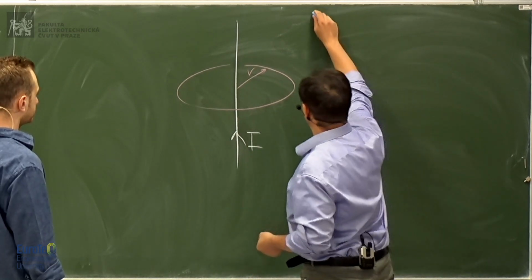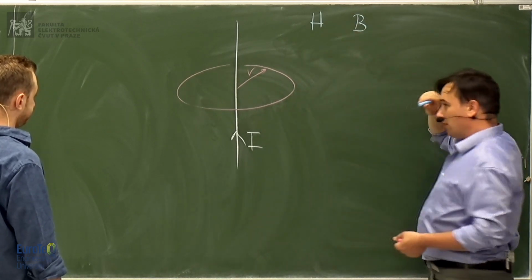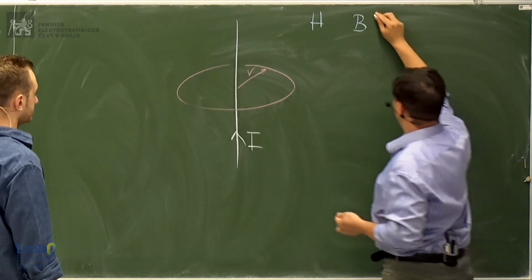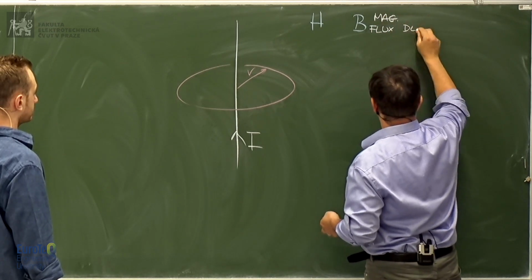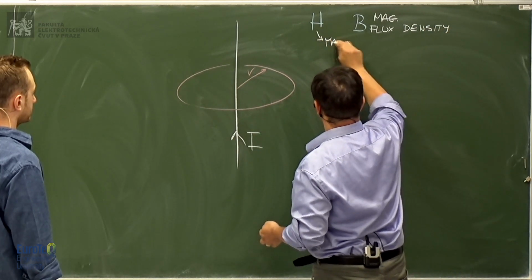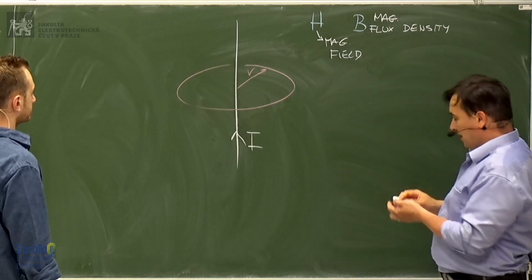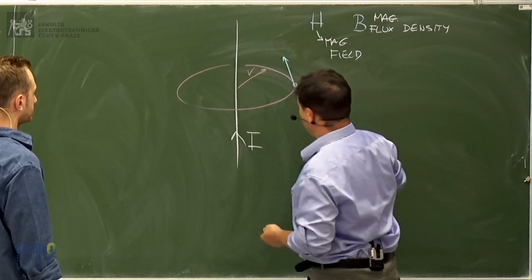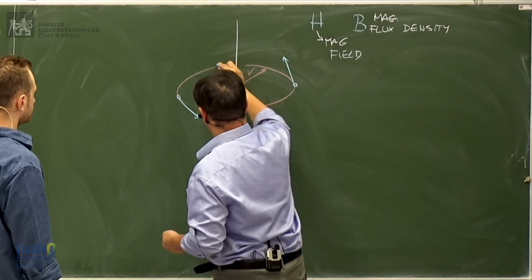I would like to call it H now, rather than B. This is magnetic flux density, and this specifically is magnetic field. So this magnetic field will be, again, tangential in all points.